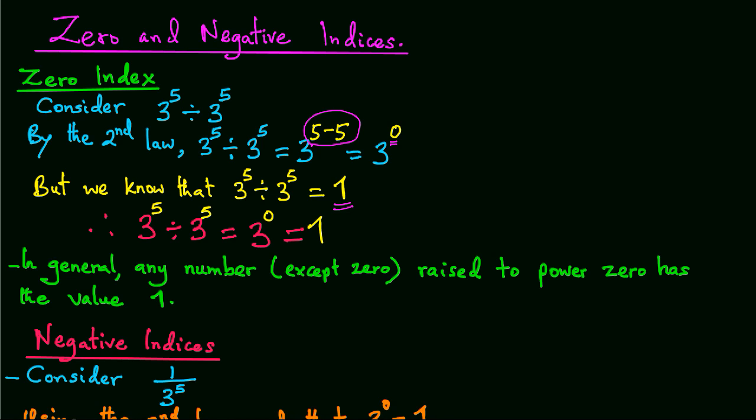And therefore, we can conclude that 3 raised to power 5 divided by 3 raised to power 5 is equal to 3 raised to power 0, which is equal to 1. So it is important to note that any number with the exception of 0 raised to power 0 has the value of 1.